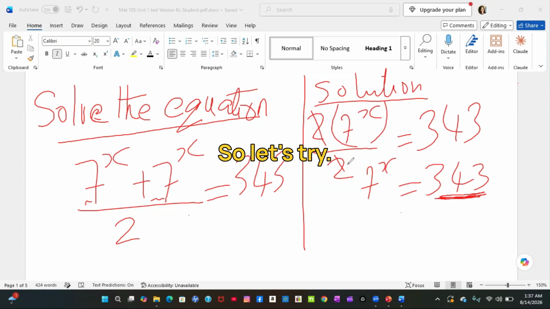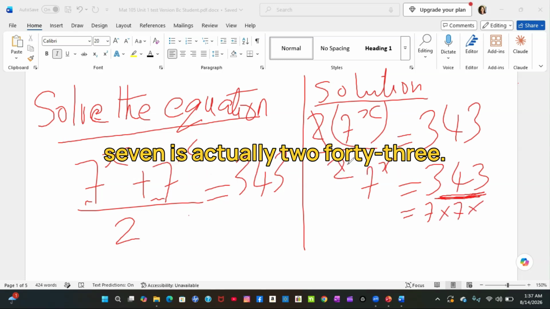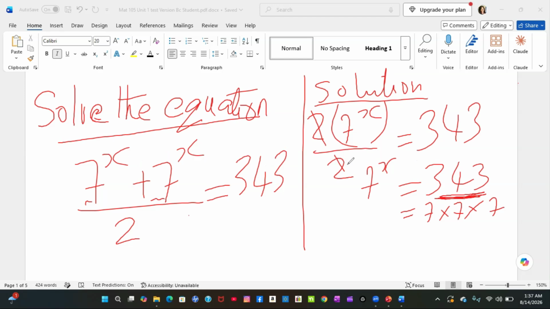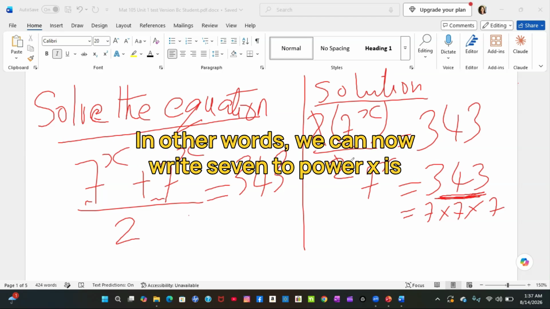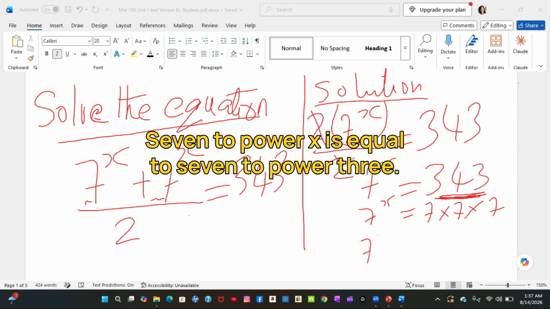If we try that, 7 multiplied by 7 multiplied by 7 is 343. In other words, we can now write 7 to the power x is equal to 7 to the power 3.